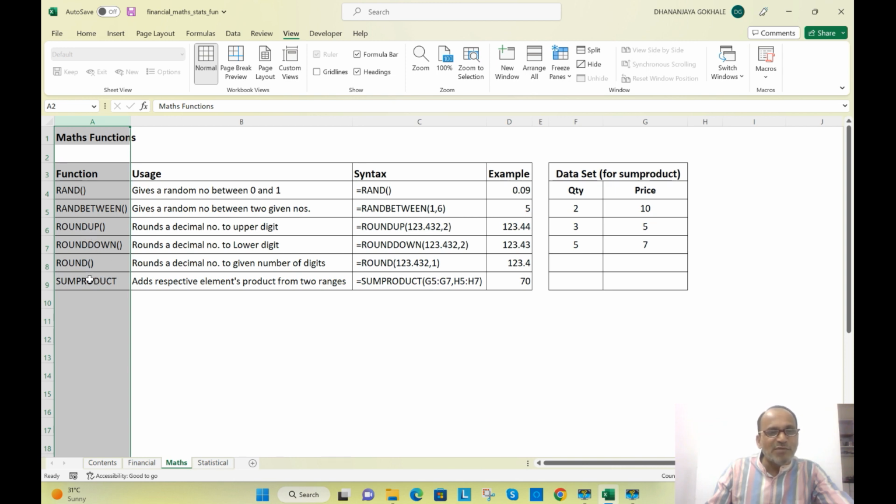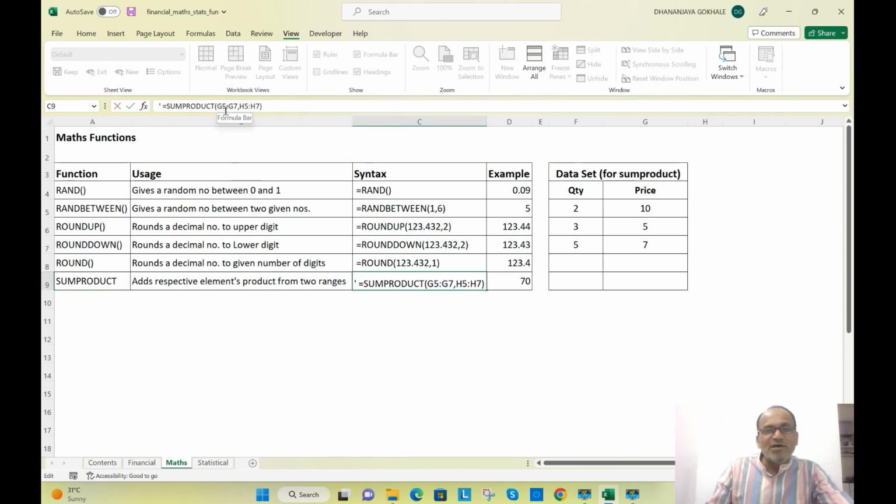Okay, the last function is SUMPRODUCT. It's a special function. We'll take a look at it. Special function means when there are two ranges. Here the ranges are shown over here. Let me move it to the other cell.